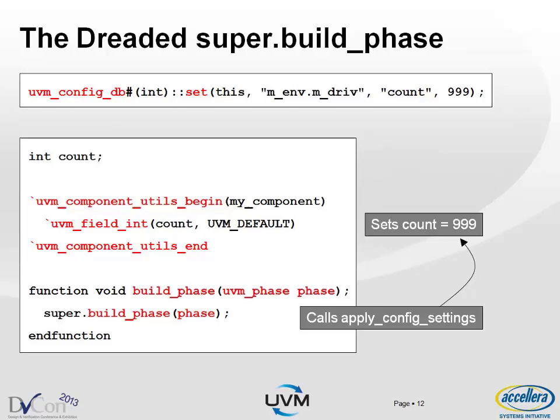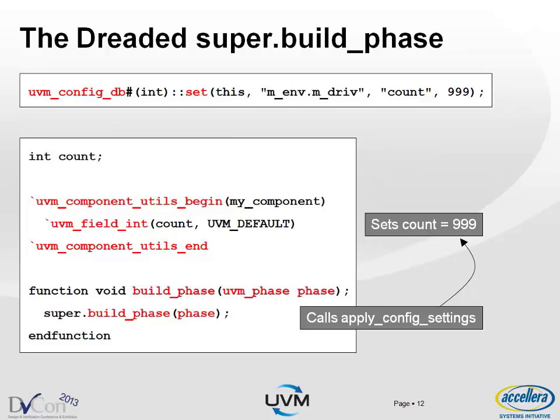What happens is, if you register a field for field automation with a field macro, then in the build phase method, one of the standard phase methods, the call to super.build_phase, the build phase method of uvm_component, actually has a call to apply_config_settings. This is a one-time thing that happens once during the build phase.